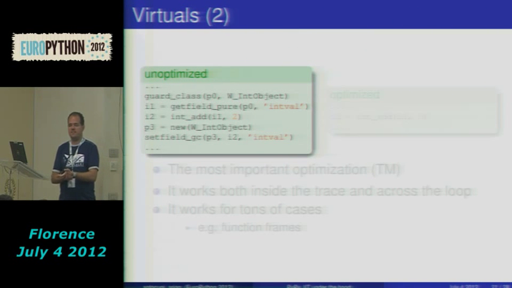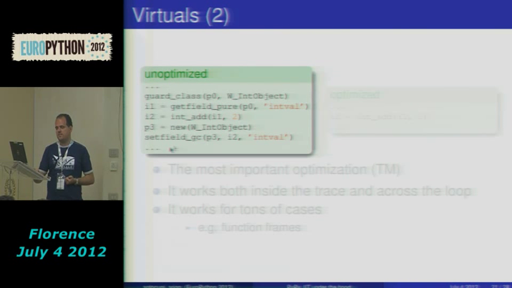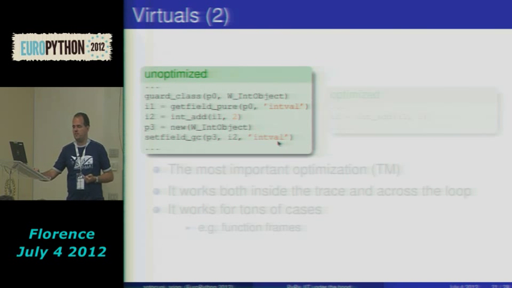In this particular case, it is an integer, so we get the class. So we know how to add, and 2 is an integer as well, because it's a constant. So we know how to add the 2 integers. It's easy. So we just fish the integer value from this object in memory. We compute the result. We create a new object, and we set the intval field of this new object to the result we just computed.